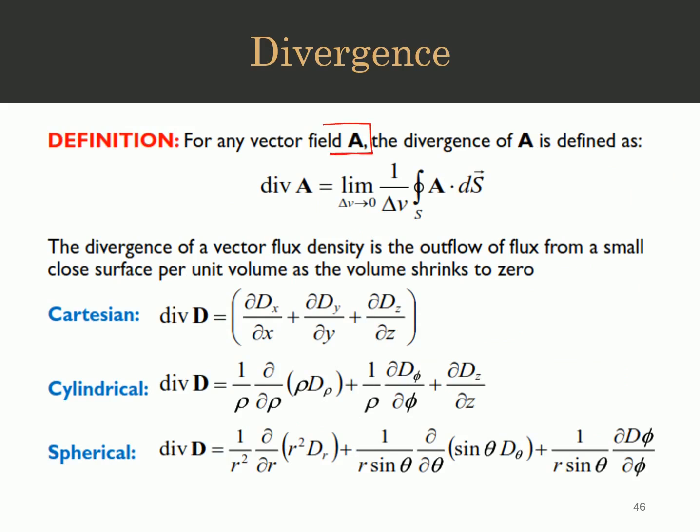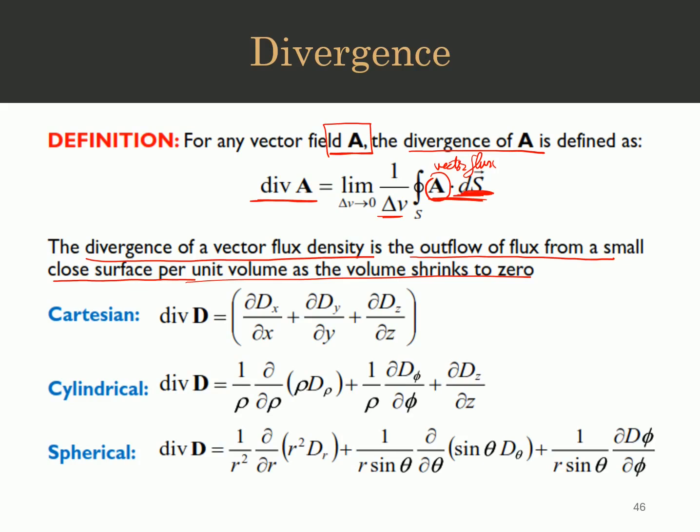Let's say we apply it to a vector called A. Then divergence of A is defined as the limit of delta V tending to 0 of 1 by delta V times the vector flux of A through this small area delta S. Mathematically this is how we write it, and its definition is as such: the divergence of a vector flux density A is the outflow of the flux from this closed surface delta S per unit volume, which is shrinking to 0. So this is how we define the divergence of any vector.